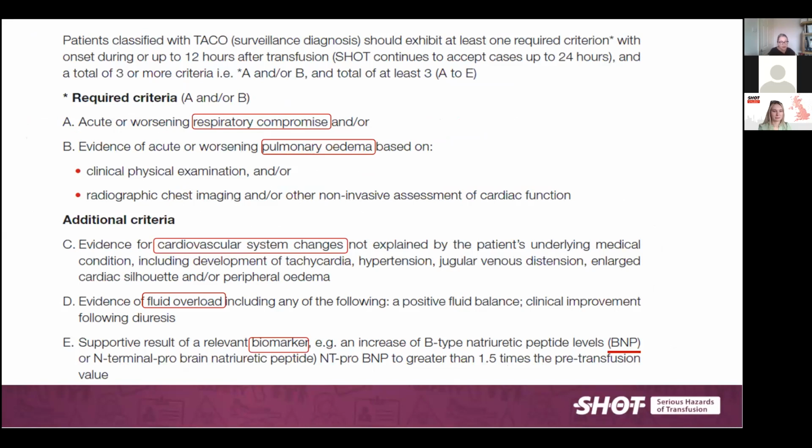And the additional criteria are cardiovascular system changes that are not explained by the patient's underlying condition. There should be evidence of fluid overload, whether that's a positive fluid balance or clinical improvement following diuresis. And a supportive biomarker. So in essence, that is BNP, and I'll talk about that later on. So there should be at least 3 present, A and/or B, plus additional criteria.